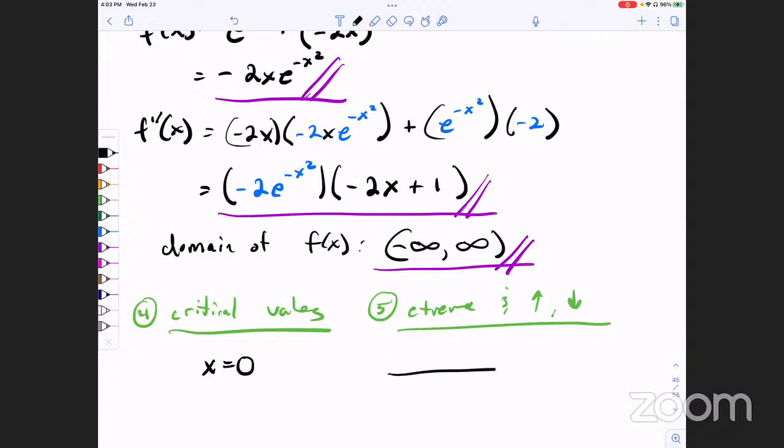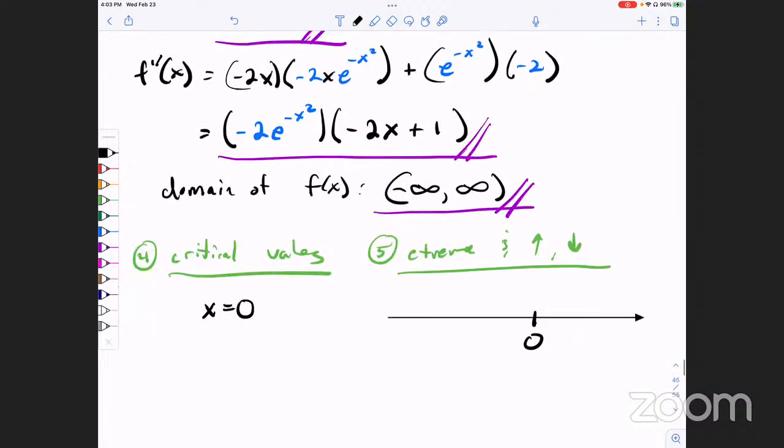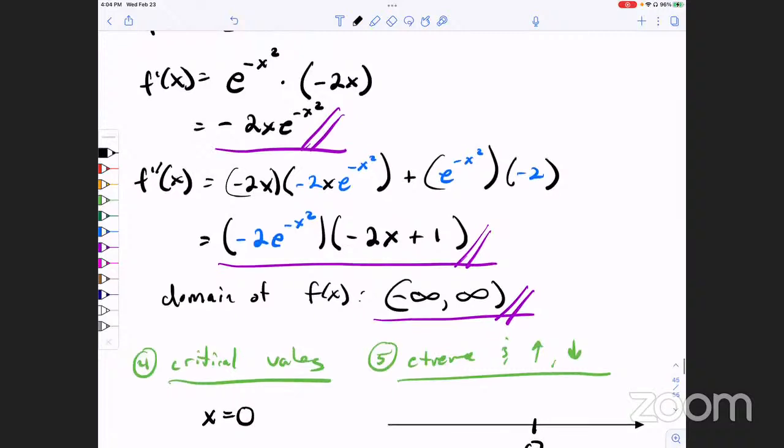So if we draw a number line, and we're considering x equal to 0, we want to evaluate the first derivative on the left and right side of this critical value.